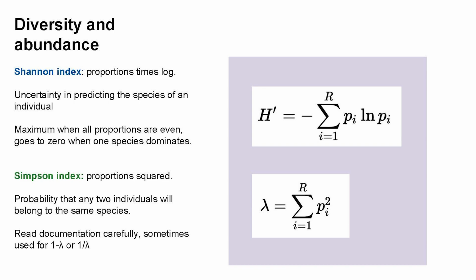So we'd like to have some way of saying this one species is very prominent in this sample. It's basically one species with a few extras. So the 2 most popular ways of quantifying that are the Shannon index and Simpson's index.